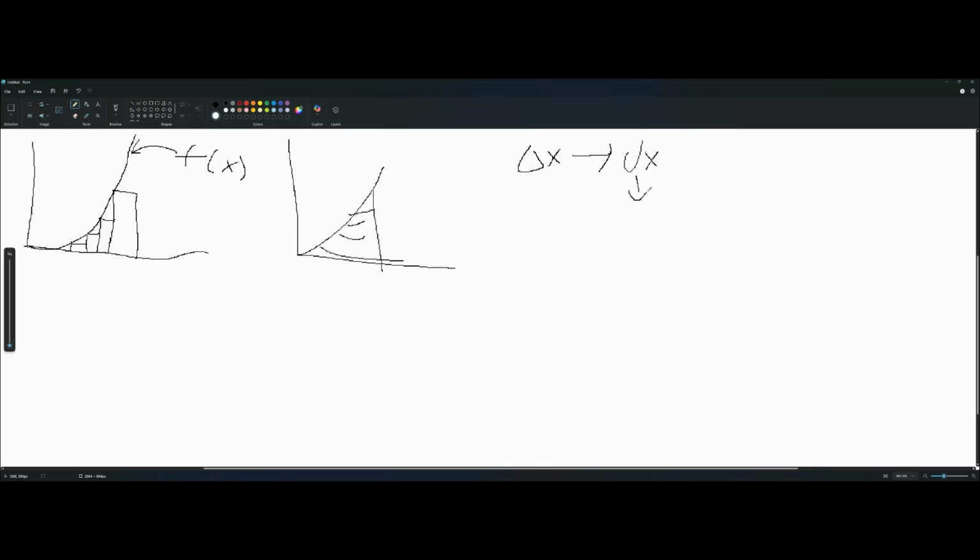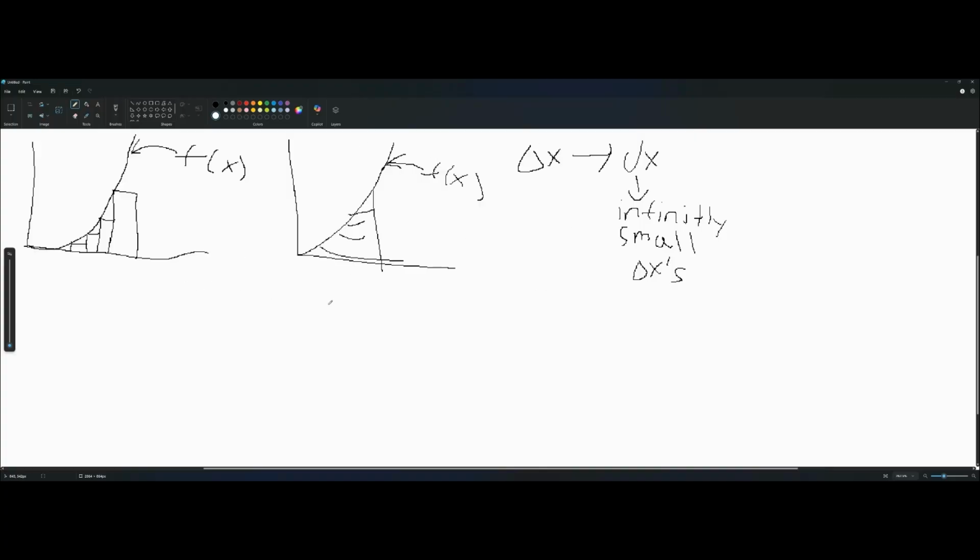So this indicates infinitely small delta x's. And so we established that any vertical distance that lies on this curve is f of x, okay?